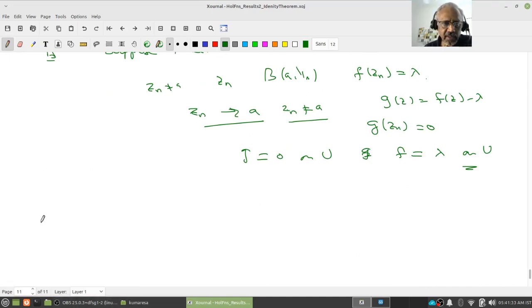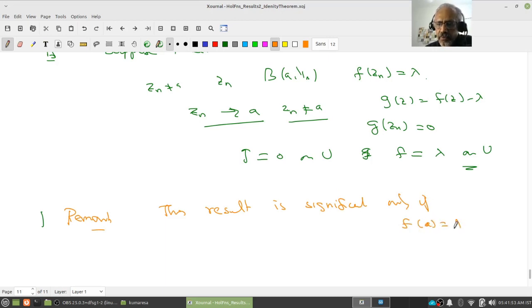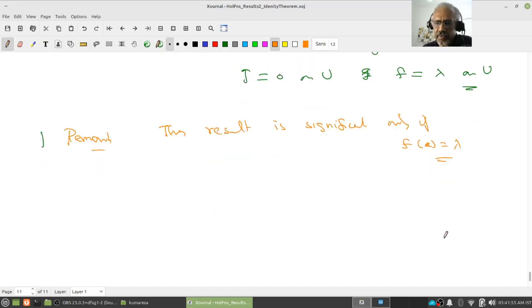Just a remark. If I don't say that remark, I cannot sleep well. This result is significant only if f of a equals lambda. Because if f of a is not equal to lambda, by continuity the result follows.